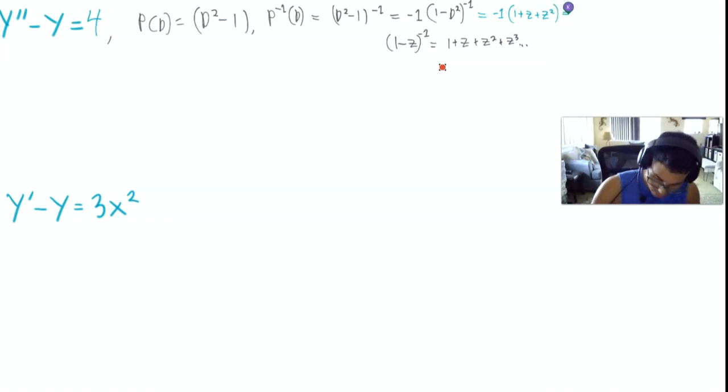Now let me just write this in green. We're saying that z is d squared, just like we did last time. So this would be negative 1 times 1 plus d squared plus dot dot dot.